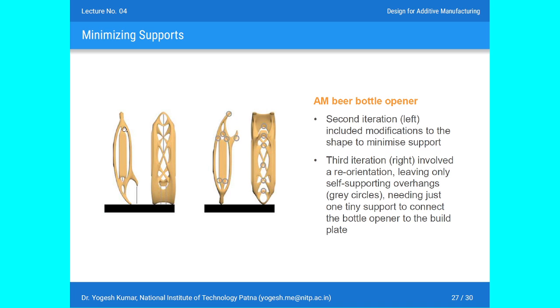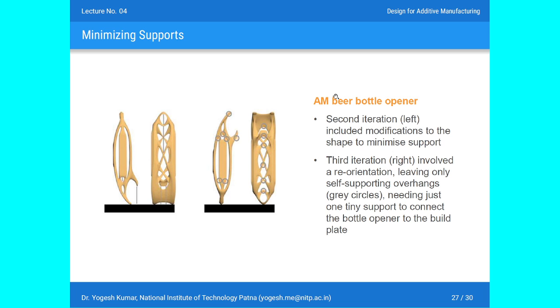On the left-hand side, if you print this component like this, there are overhanging portions and support structure needs to be printed. But on the right-hand side, you have reoriented the component, and these overhanging portions are now taken care of. They are self-supported overhang portions. These are shown in gray color.